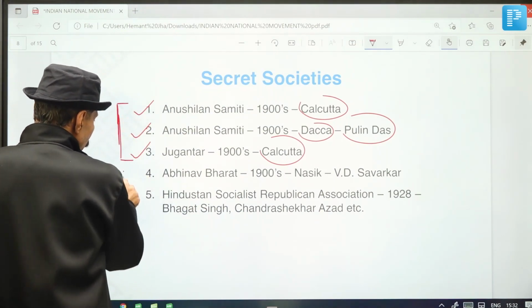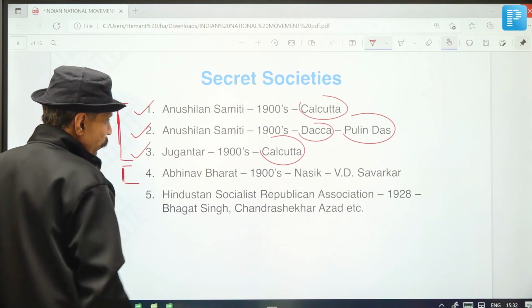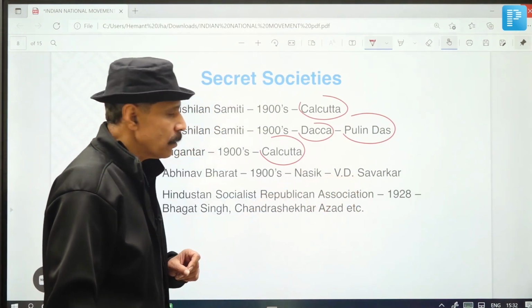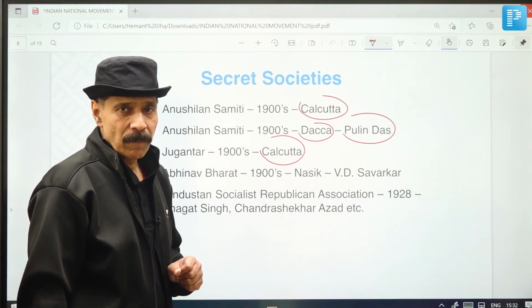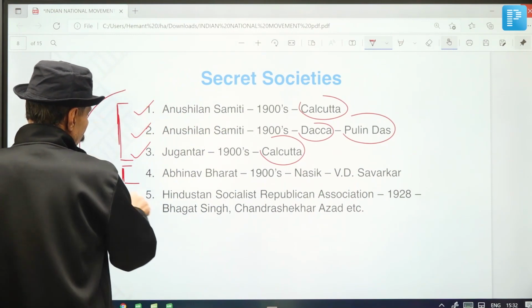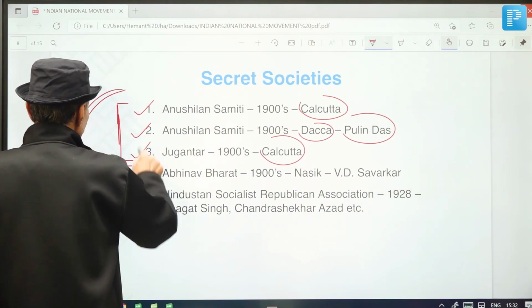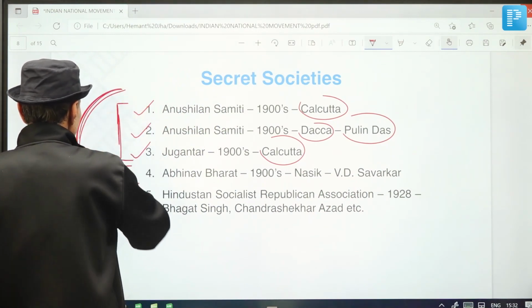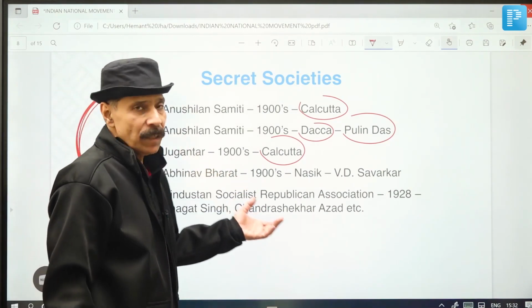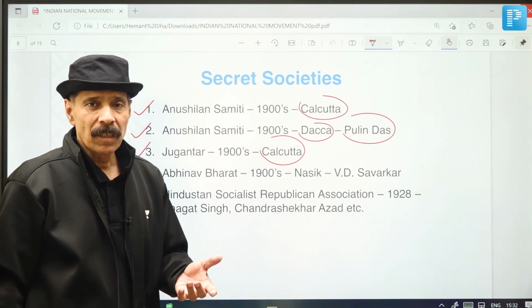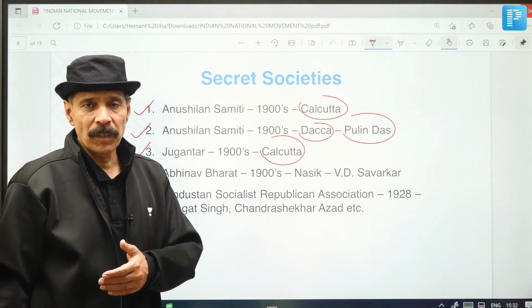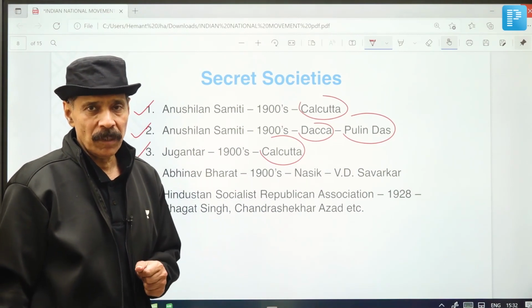The fourth one, Abhinav Bharat, Nasik, founded by V.D. Savarkar, who was a Maharashtrian revolutionary. And 1 to 4 represent the secret samitis that acted as the platform for the revolutionary movement in the first phase, that is early 20th century to 1915.